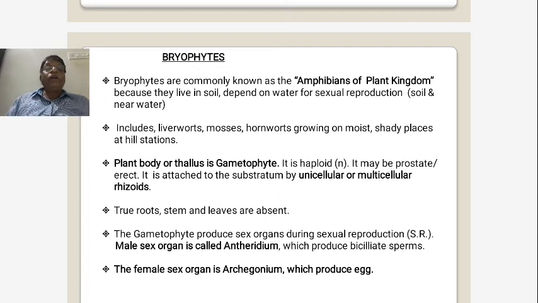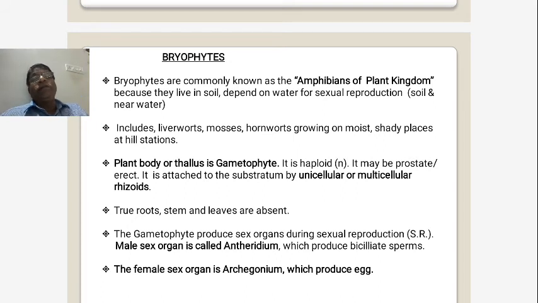It means these plants require both soil and water. Hence, these are called amphibians of the plant kingdom.